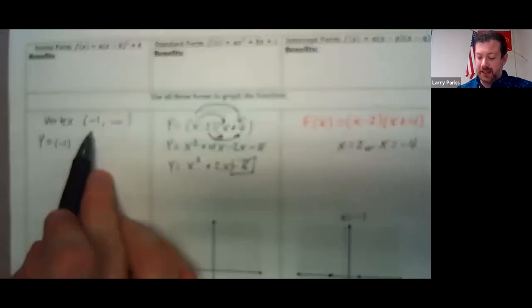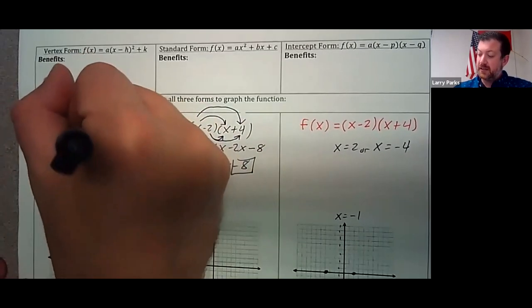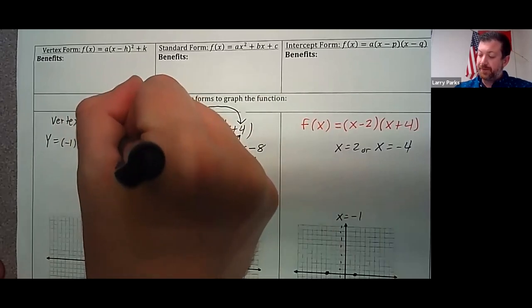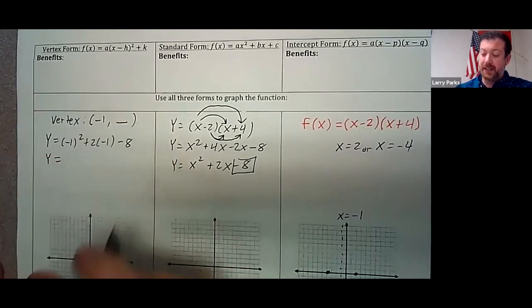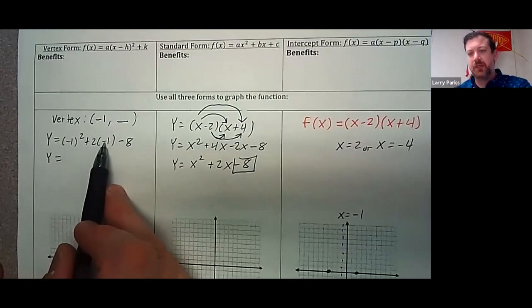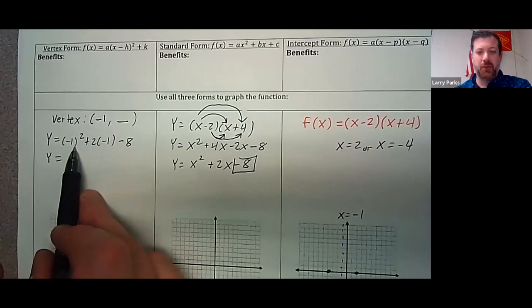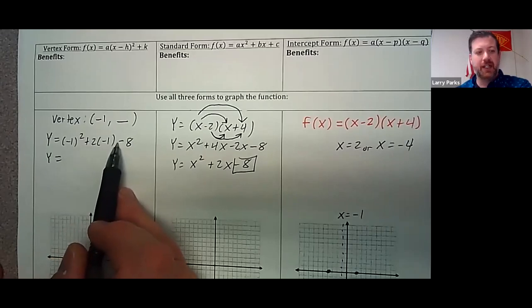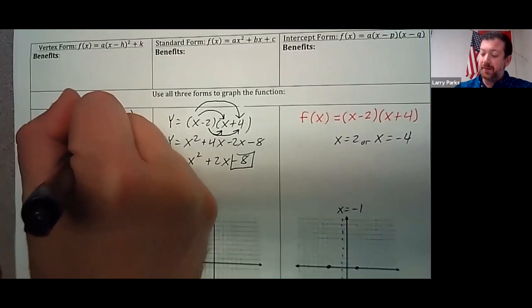Y at negative 1, because that's the x. And I get y is 1, negative 1 squared is 1. 2 times negative 1 is negative 2. So we have 1 minus 2, negative 1, negative 1 minus 8, negative 9. So I got negative 9.